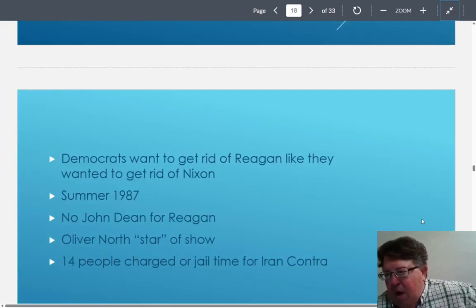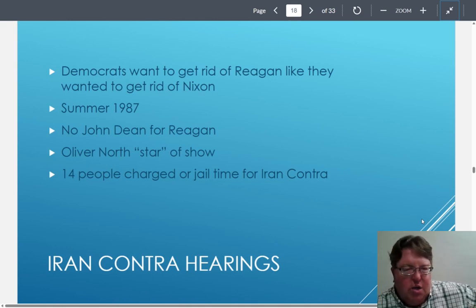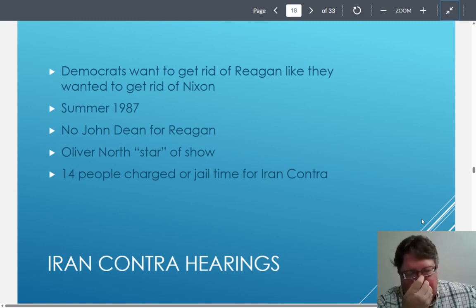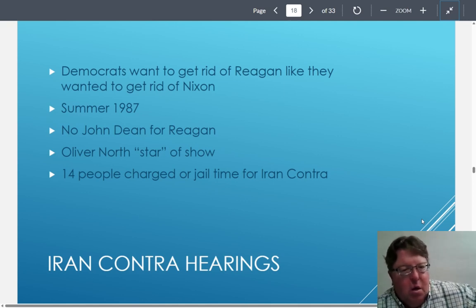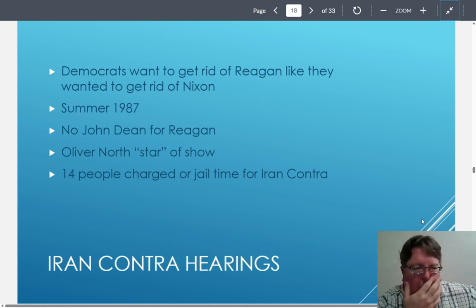Right. You had hearings, the Iran-Contra hearings. This is another difference between Reagan and Nixon. Nixon had a John Dean. John Dean ratted Nixon and everyone out. No one implicated Reagan. Everyone shielded Reagan. The closest anyone got to Reagan was Oliver North repeatedly saying in his testimony to Congress, "Everything I did was approved."